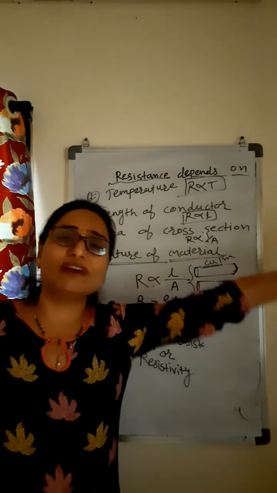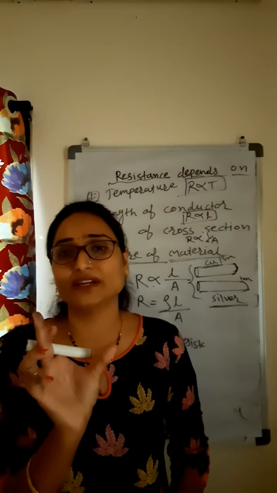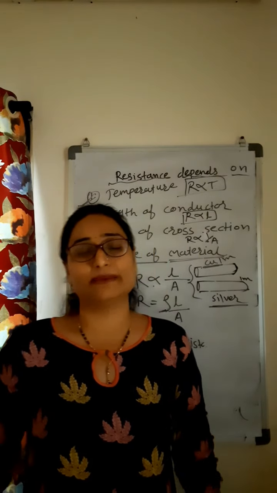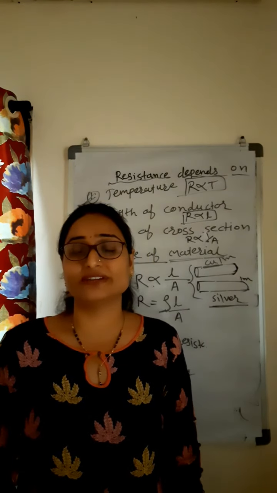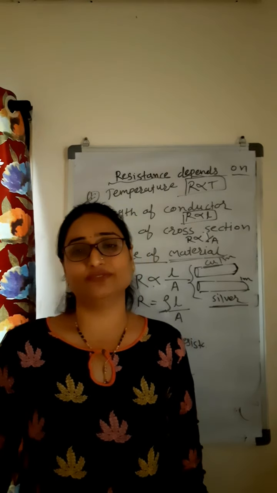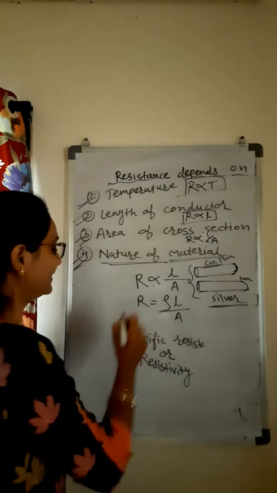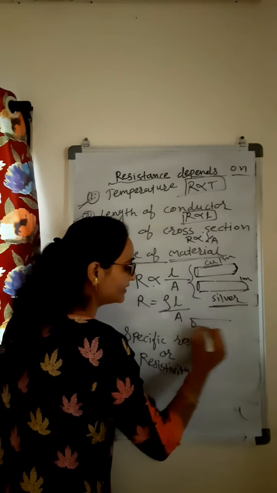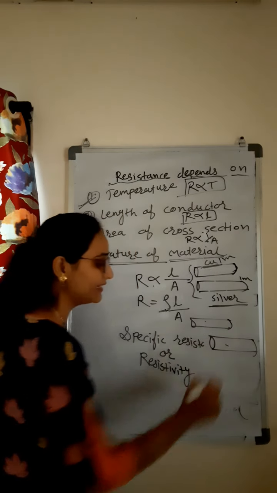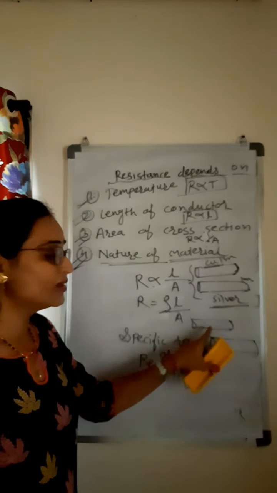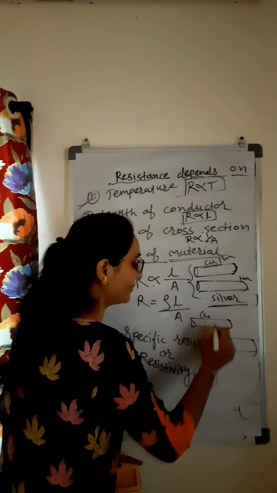I have a big wire of copper and I have a small wire of copper. They both will have the same resistivity. Resistance will be different. Like if I say this is one copper wire, this is another copper wire, it is thin, it is thick, both are made up of copper.